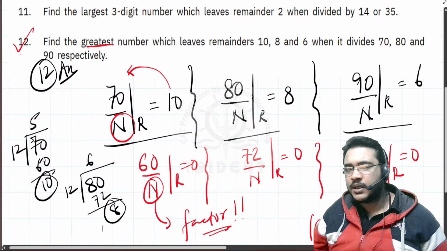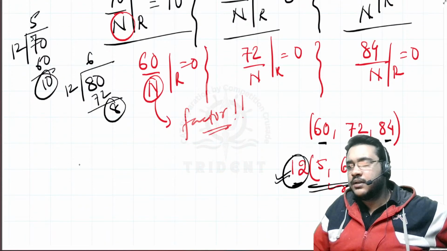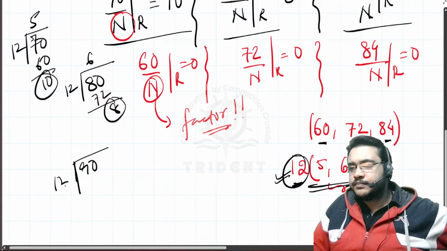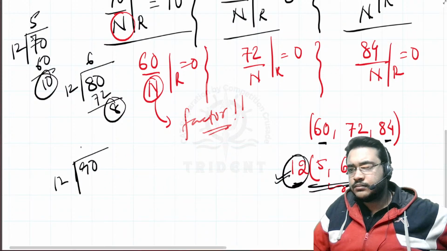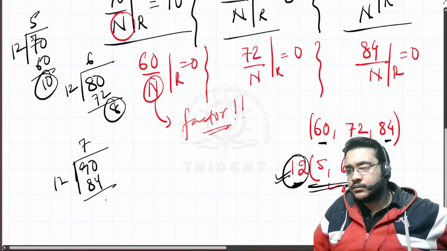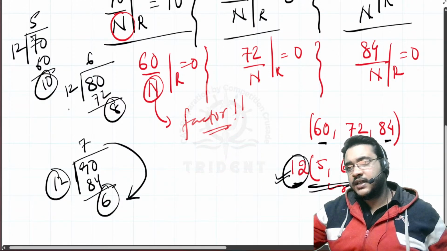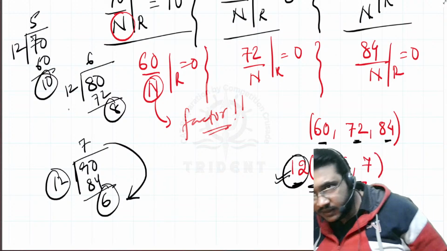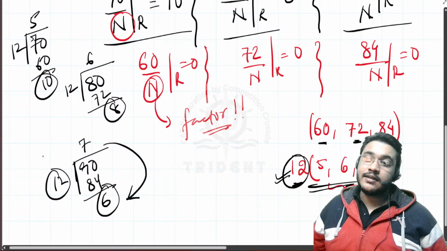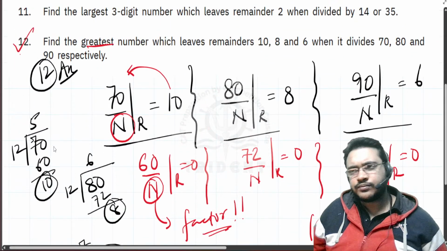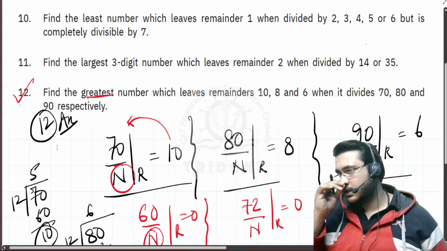And the last part also, let's do that: 8 times 12 is 96, 7 times 12 is 84. So when I divide 70, 80 and 90 respectively by the same number 12, the greatest number, I am indeed getting the remainders 10, 8 and 6. That basically verifies the question. Seems like a good one.